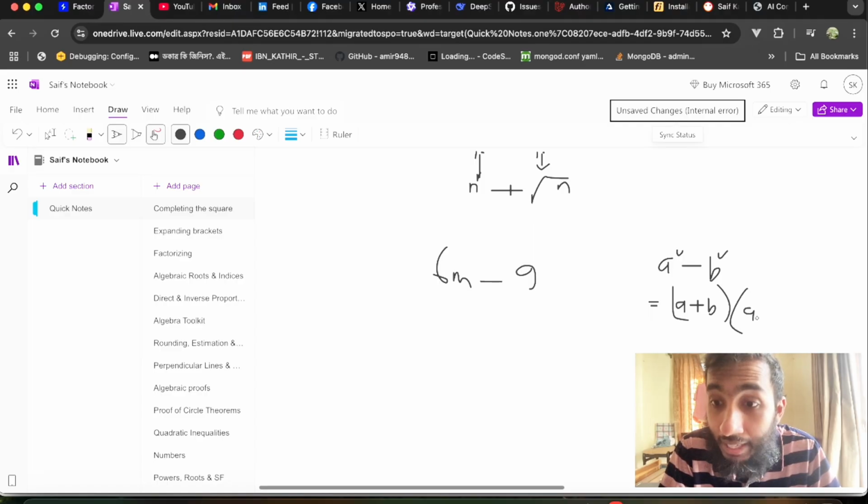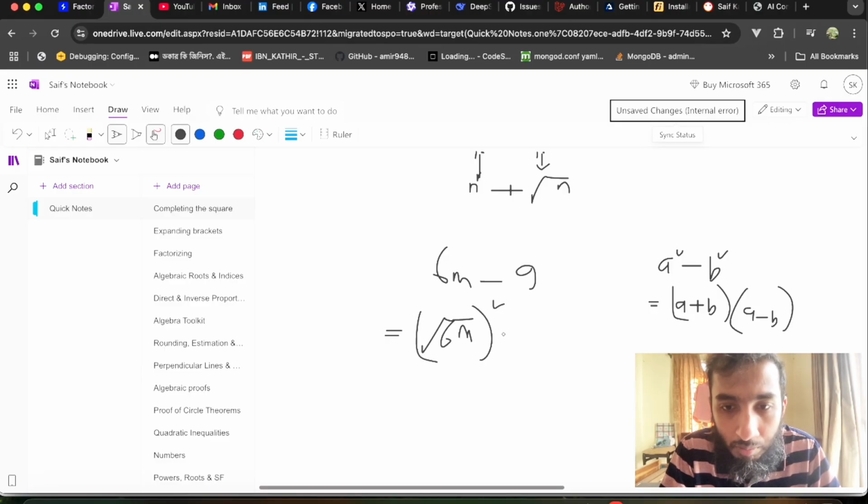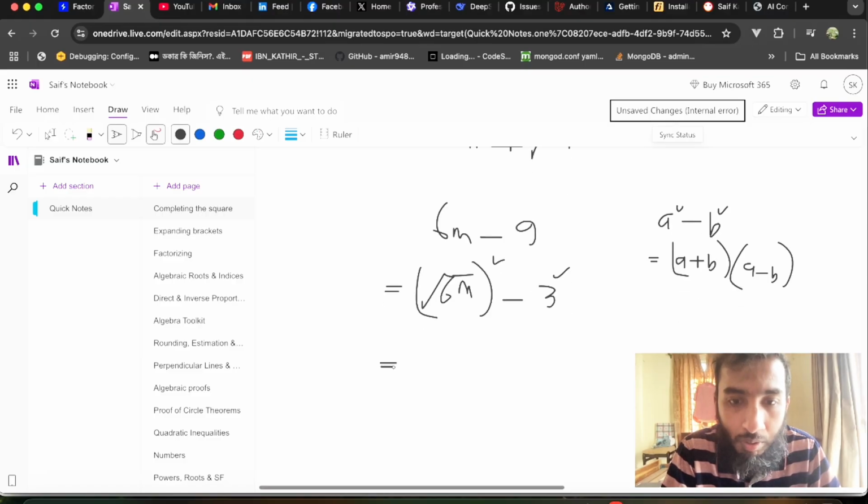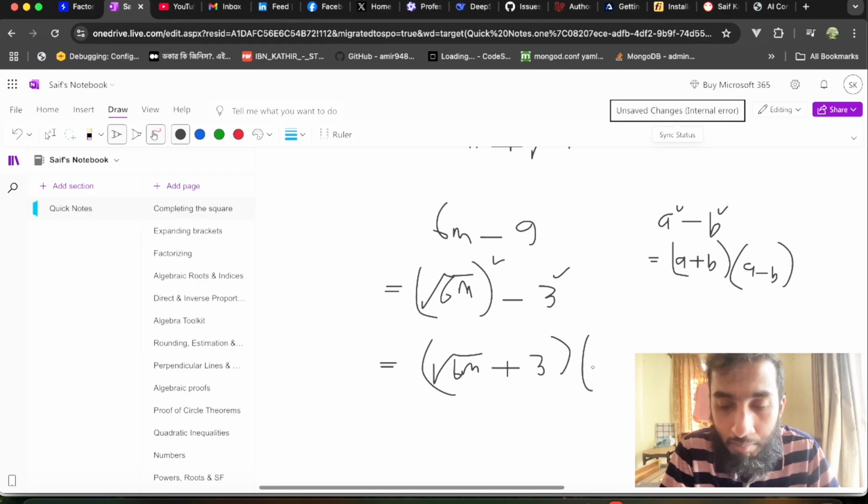So if we apply this formula, what can we do? We can write 6m as root 6m square, minus 9. We already know that 9 is 3 square. So what will be the result? Root 6m plus 3 multiplied by root 6m minus 3.